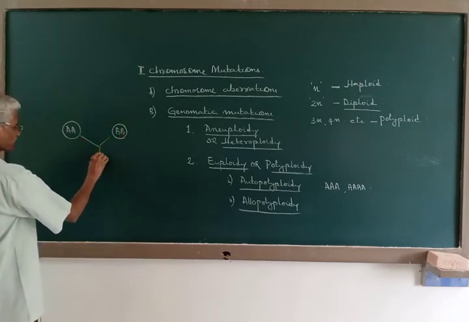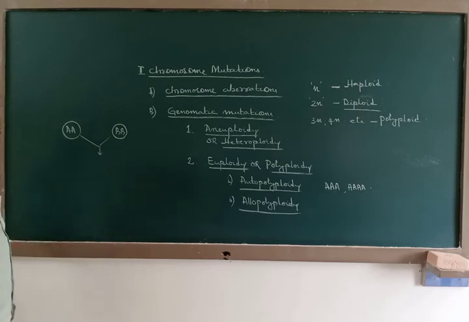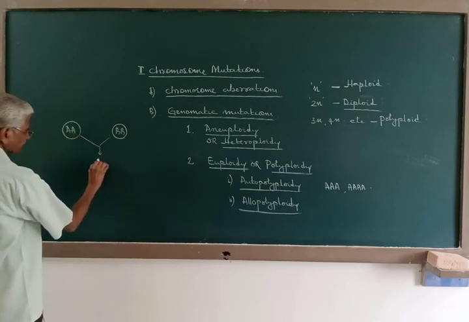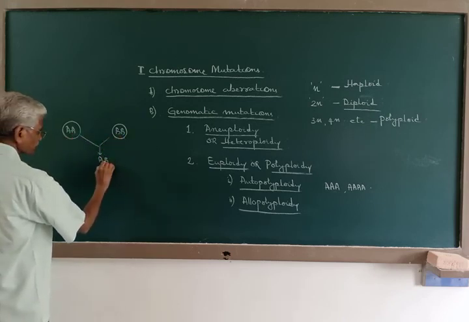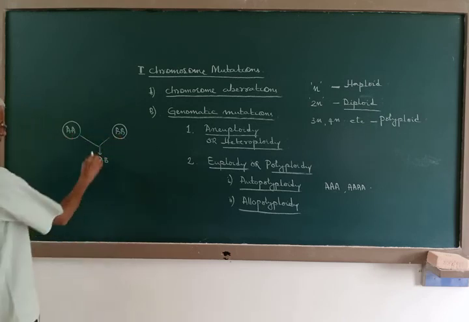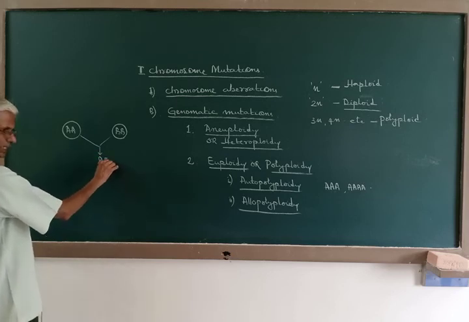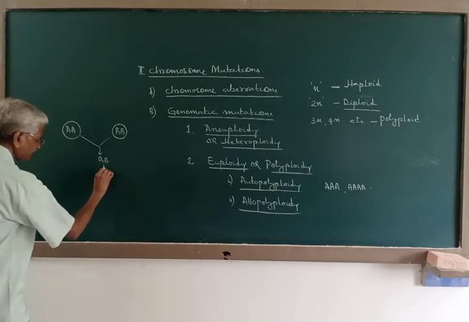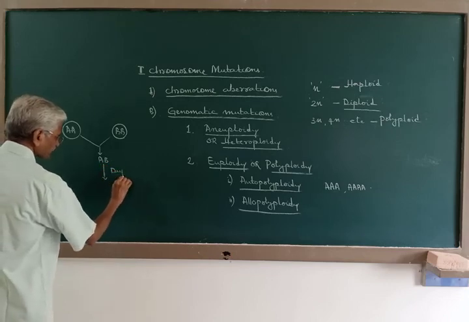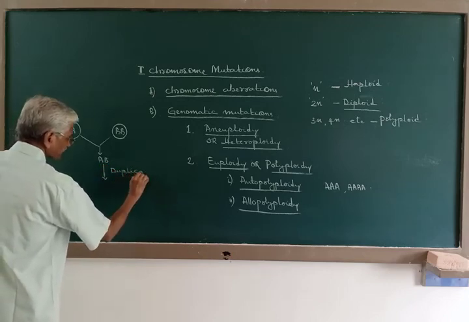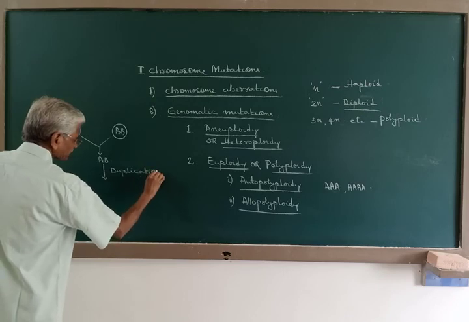When these two species are hybridized, one set of chromosomes from this parent and another set of chromosomes from this parent, so you get A and B. And this A and B combination will undergo duplication, doubling.